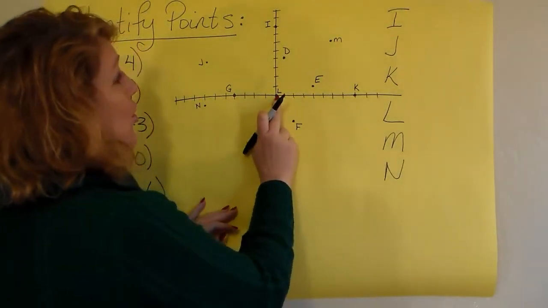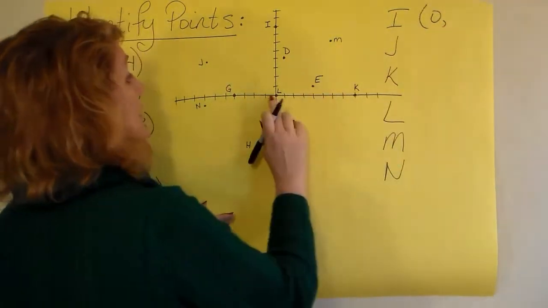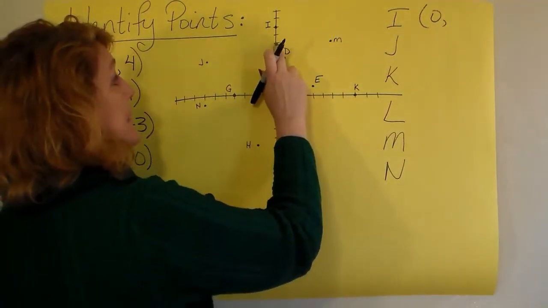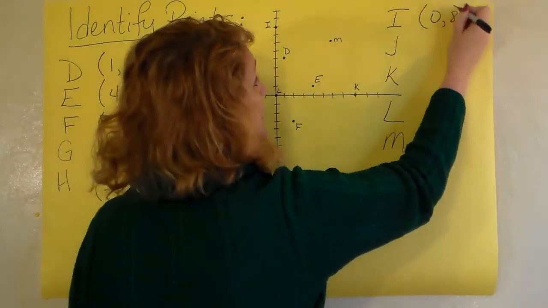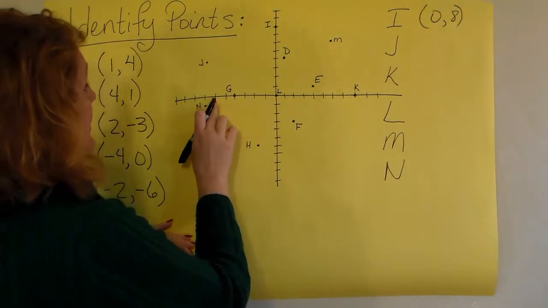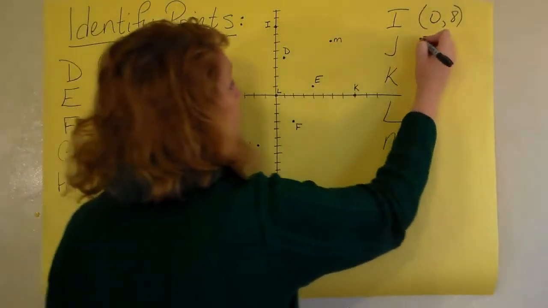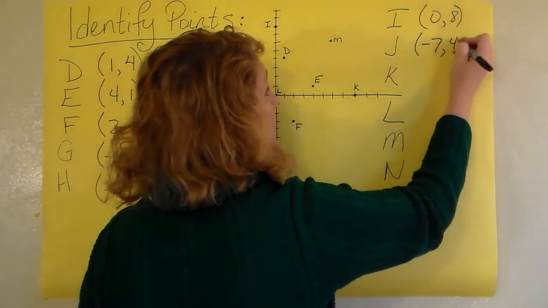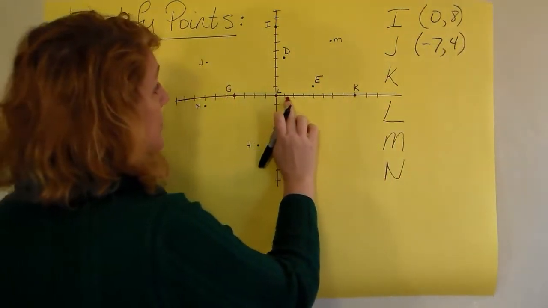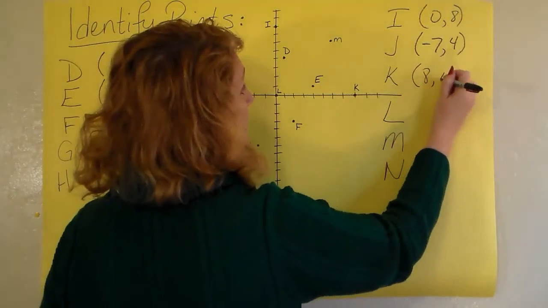I is going over 0 and up 1, 2, 3, 4, 5, 6, 7, 8. J is 1, 2, 3, 4, 5, 6, 7 over 7. 1, 2, 3, 4, 7, 4. K is 1, 2, 3, 4, 5, 6, 7, 8, and up 0.